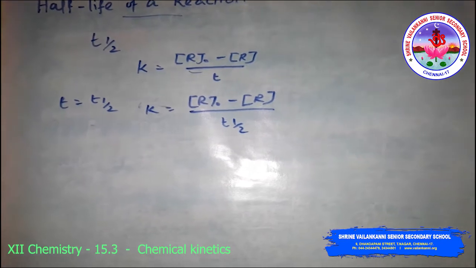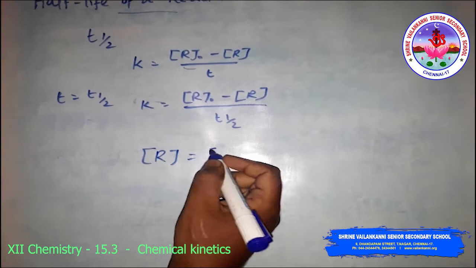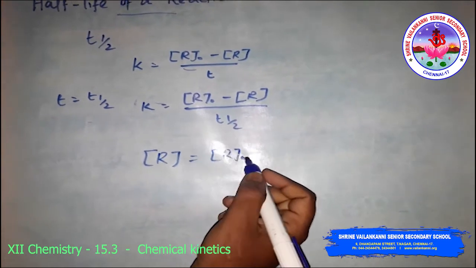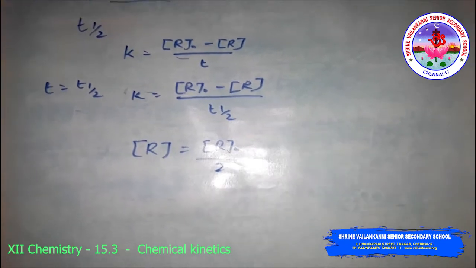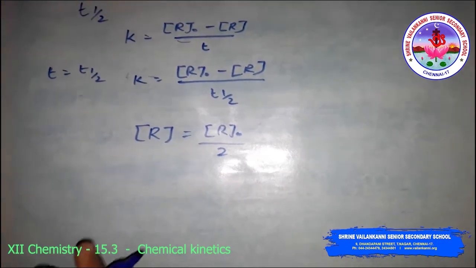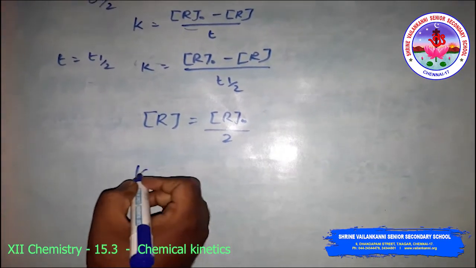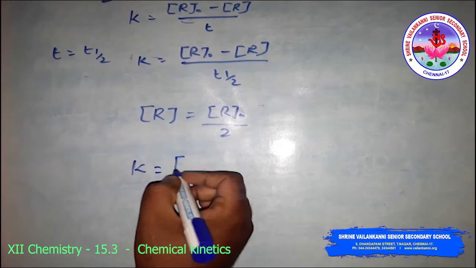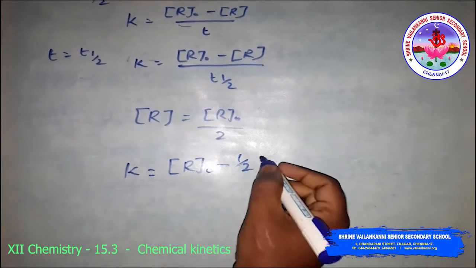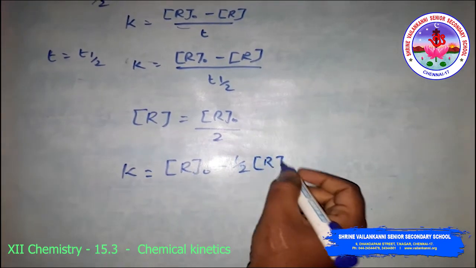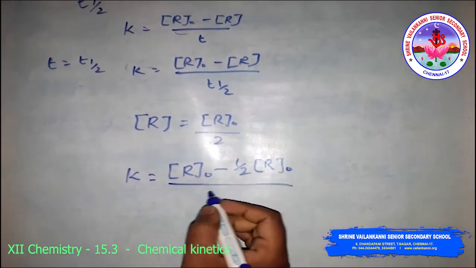So we can write that [R] is equal to [R]0 divided by 2. So the rate constant here you have to write like this: k is equal to [R]0 minus [R]0 by 2, divided by t half.